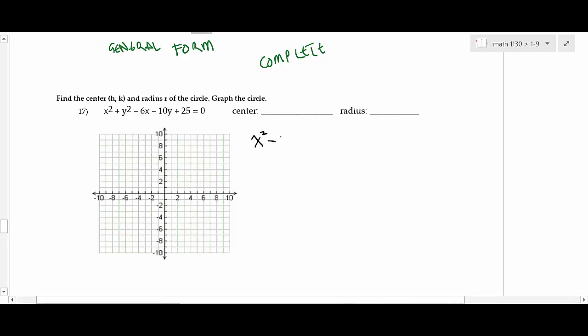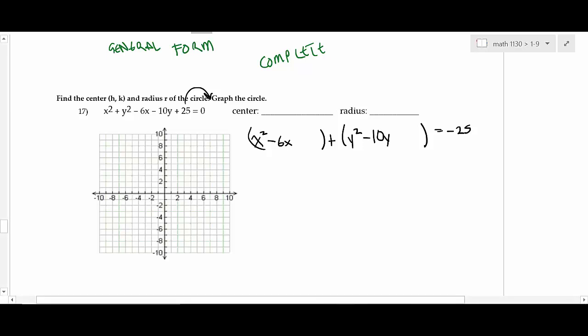So we have x squared minus 6x, put a parenthesis around like that. Then we have y squared minus 10y, put a gap there. And you want to move that 25 to the other side, so that's equal to negative 25. Always start this way, because you're going to put this in standard form. So group your x's, group your y's, move the number to the other side.